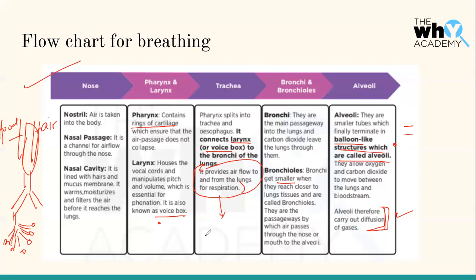Rest everything you can just write in your own words. An entire chapter can be written in your own words. Okay, ma'am. Yeah, I think once your summer vacation is over and the school reopens, we will have a clear idea as to what is the exact syllabus, whether they are going to include them or not.